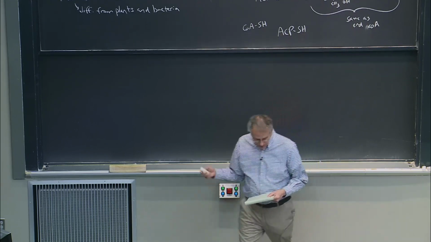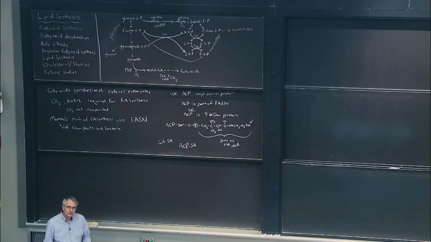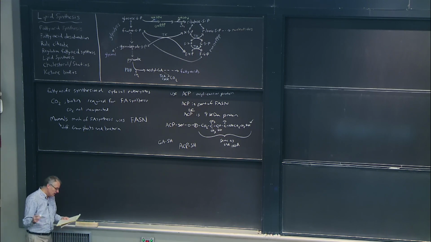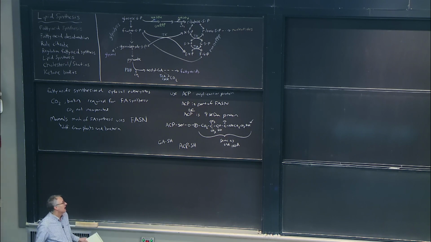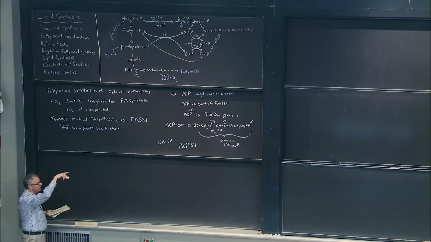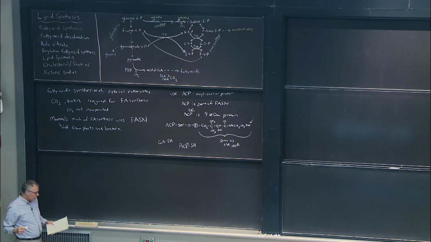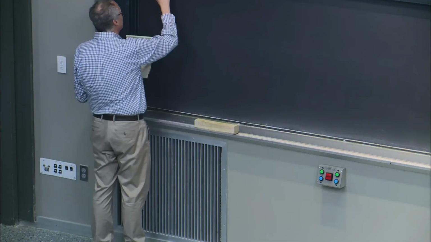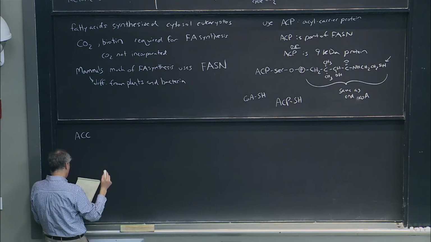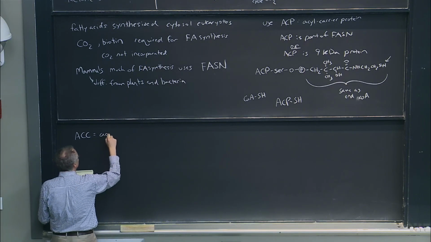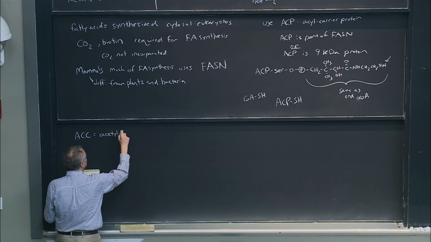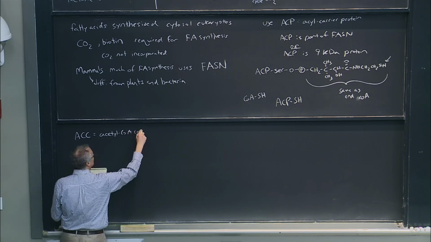Now, the first step in fatty acid synthesis is carboxylation of acetyl-CoA. This is a very important step of the process, and it is not catalyzed by the fatty acid synthase complex, the fatty acid synthase protein in mammals. In all organisms, it is catalyzed by a separate enzyme, abbreviated ACC, which stands for acetyl-CoA carboxylase.